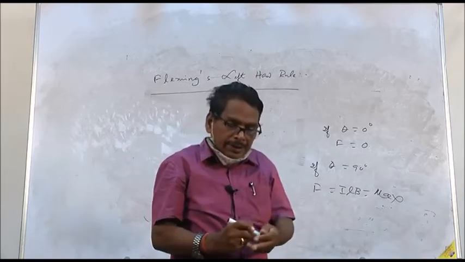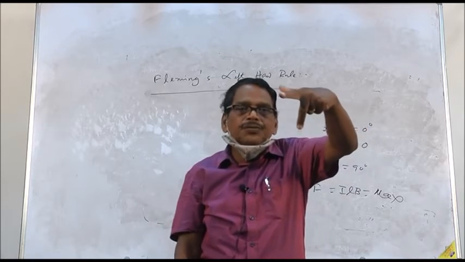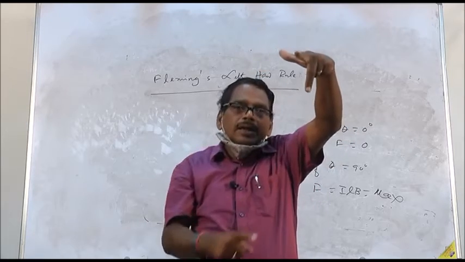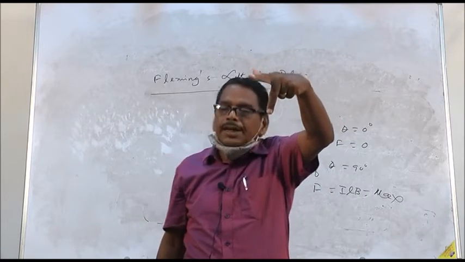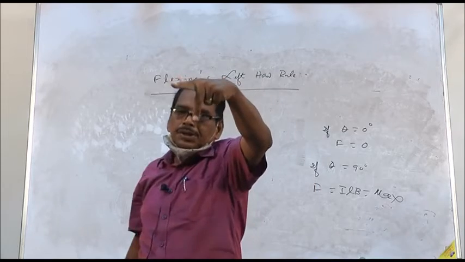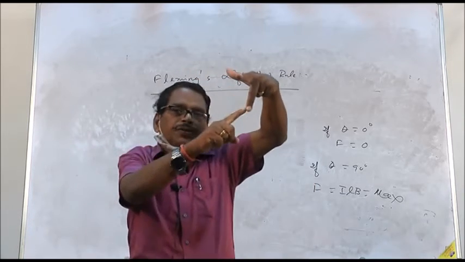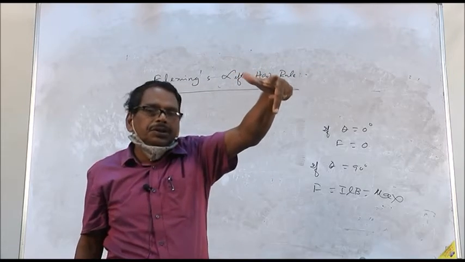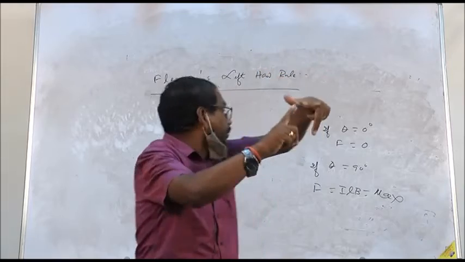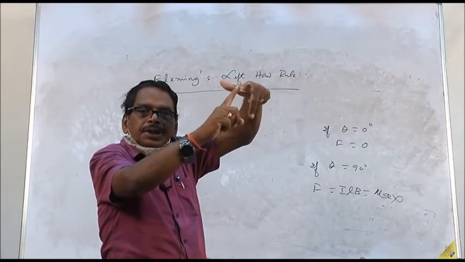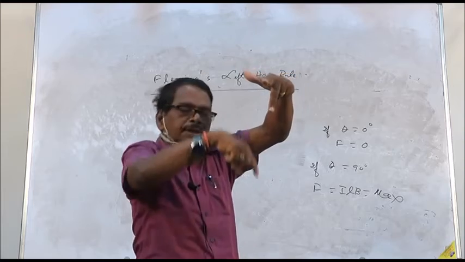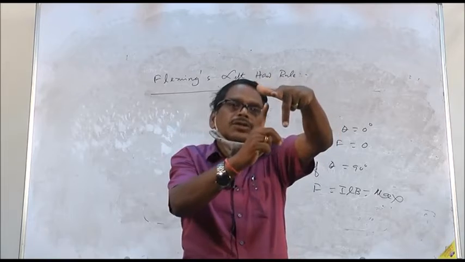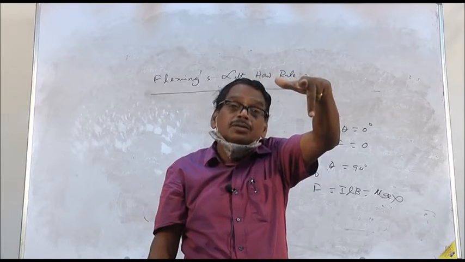The statement is like this: stretch the forefinger, middle finger, and thumb of the left hand in such a way that they are mutually perpendicular to each other. The forefinger represents the direction of magnetic field, direction of B. The middle finger gives the direction of current. Then the direction of force will be given by the thumb.